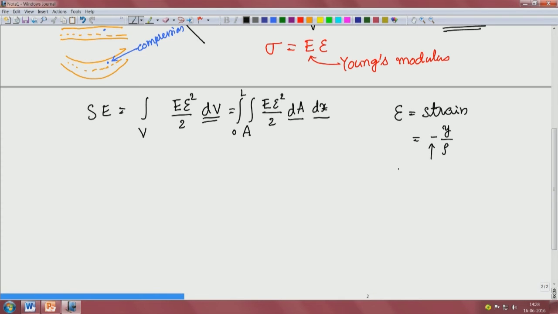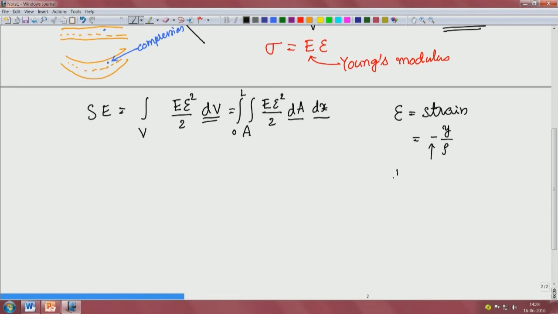Another thing we know is that strain is linearly proportional to distance from the neutral axis, that is why it is minus y by rho, and y is linear for the strain.